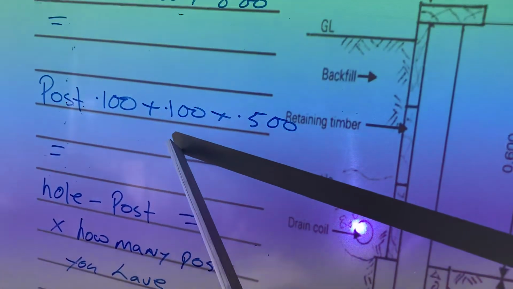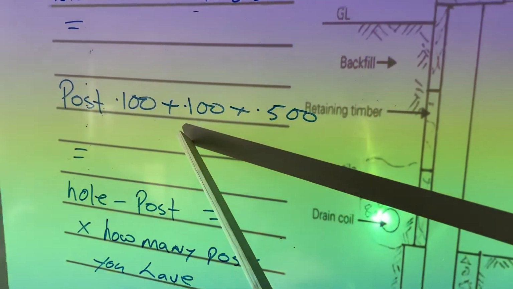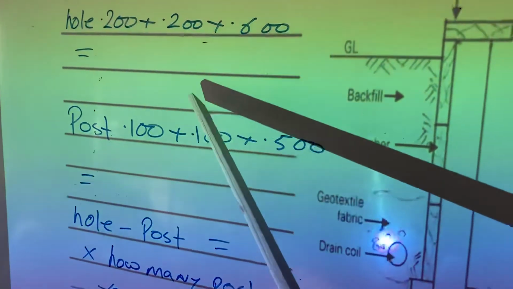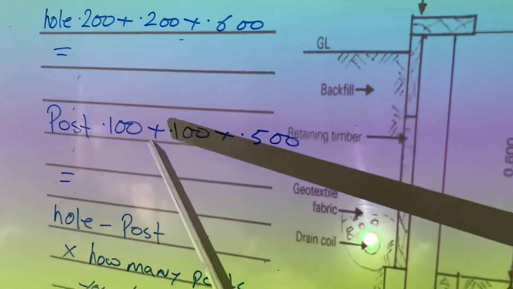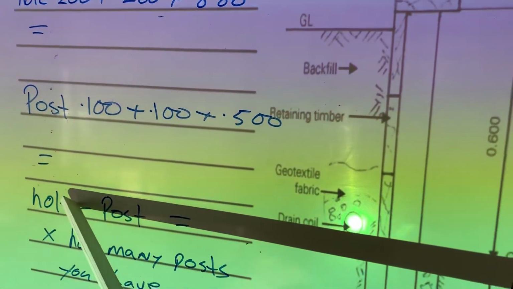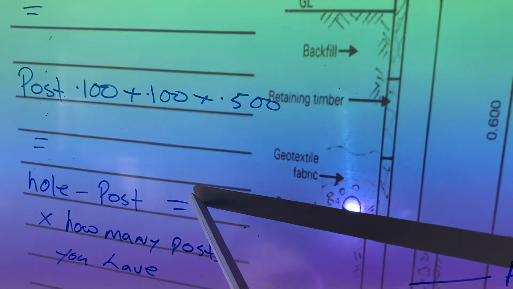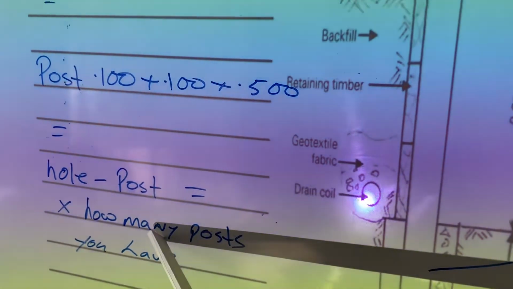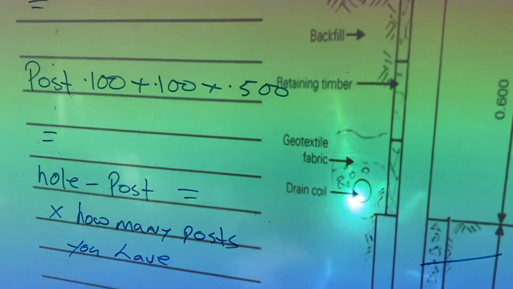You write that down. Now, to get the total volume of concrete that you need for that hole, we're going to take the post away from the hole. Hole, take away the post, whatever that equals, you times that by how many posts you have in this scenario, and that's your total amount of concrete.